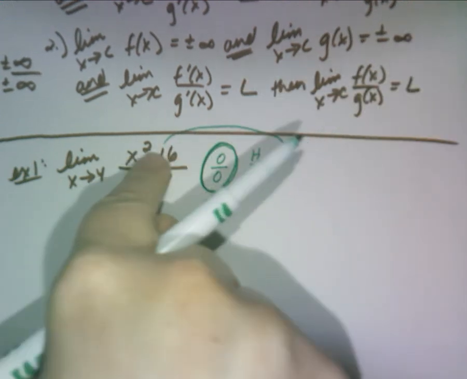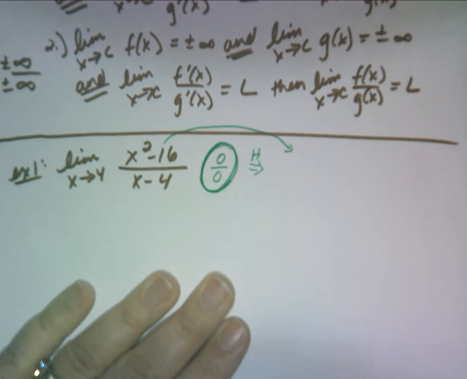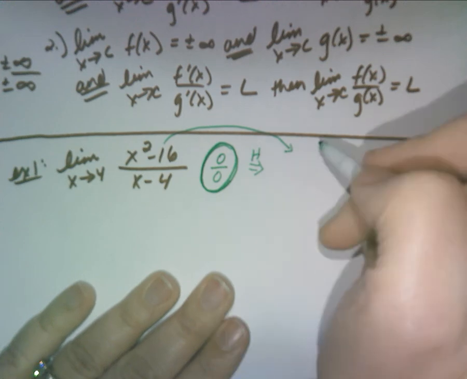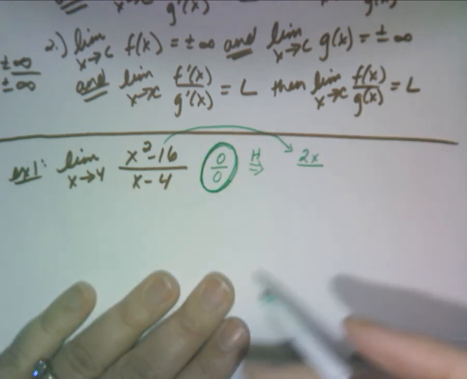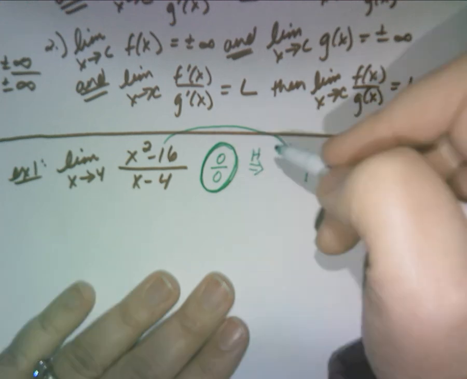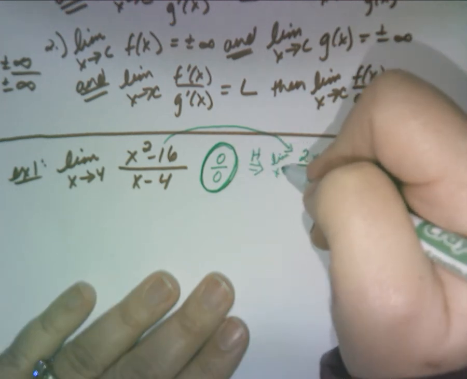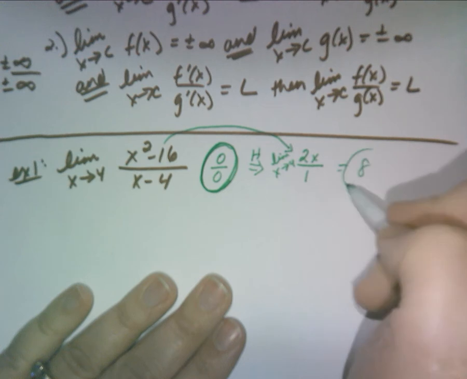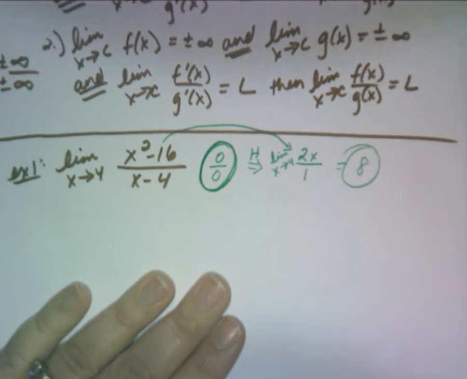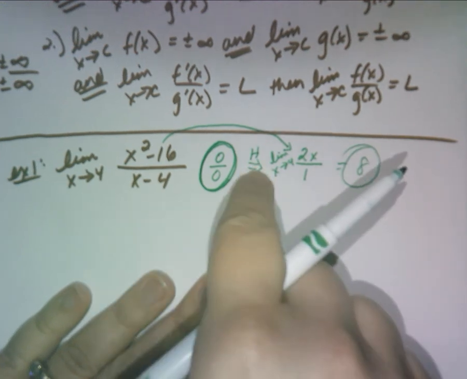Take the derivative of the top. What's the derivative? 2x. And take the derivative of the bottom. What's the derivative? 1. Now just plug in x goes to 4. What do you get? That's the limit. Done. What's the H above the equals sign? L'Hopital's rule.